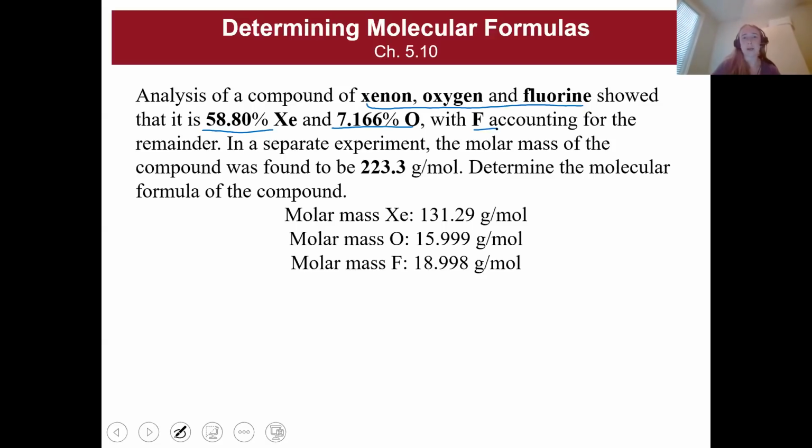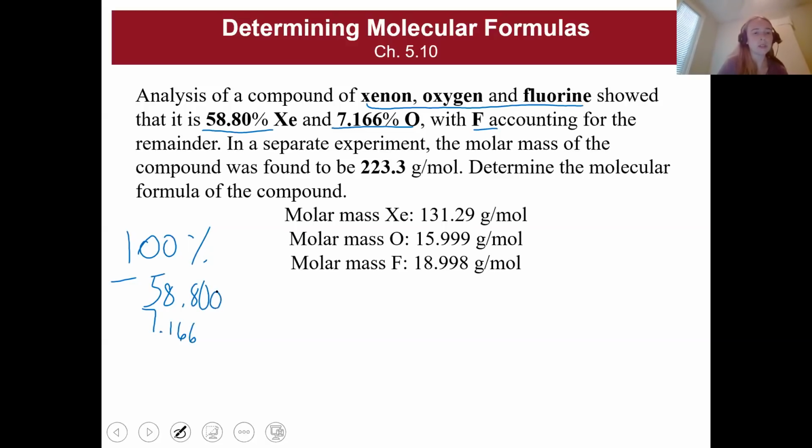So this compound is 100% composed of its elements. So fluorine, being the remainder, has to be 100% minus 58.80 minus 7.166.